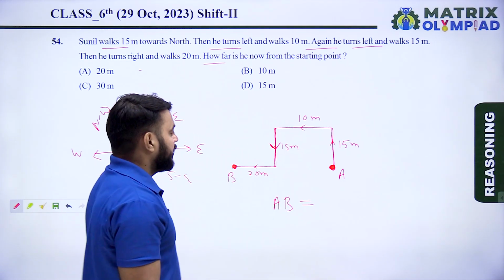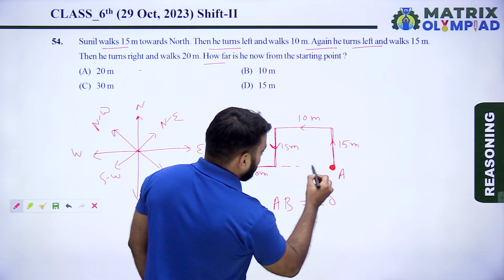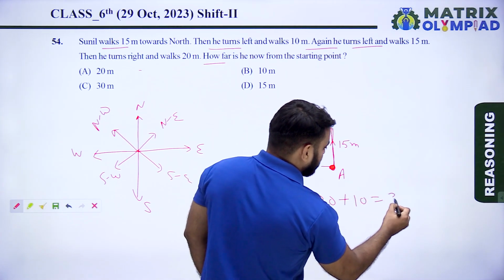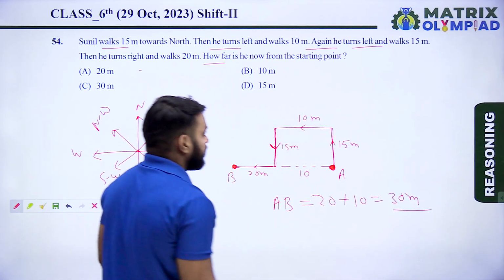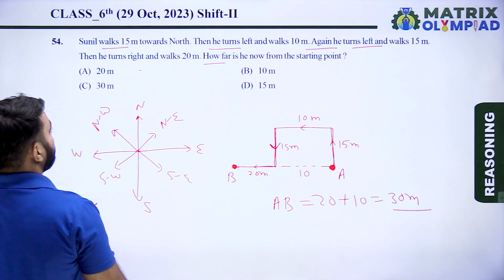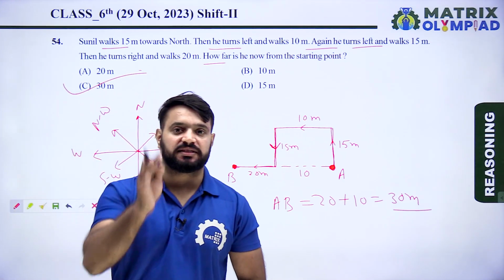So AB means 20 plus 10, which is 30 meters. So the distance between the starting point and end point is 30 meters. So here option C is the correct answer of this question.